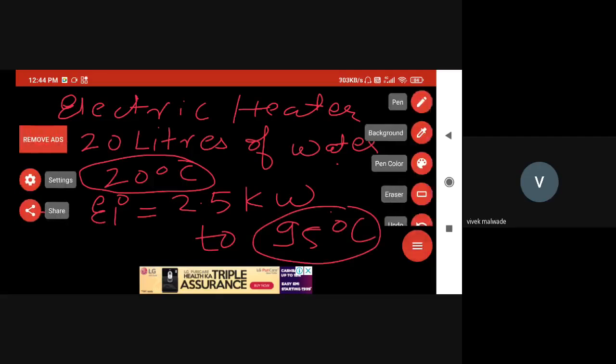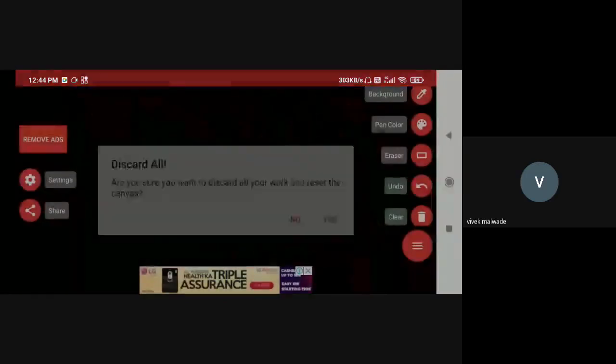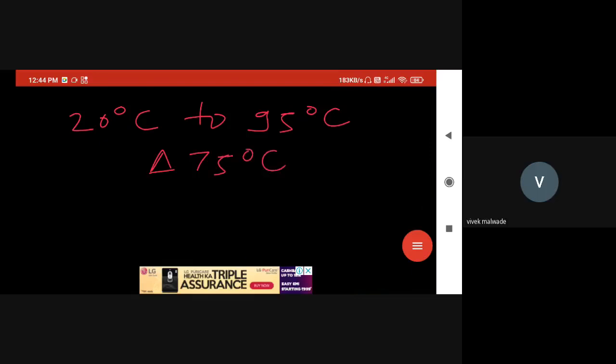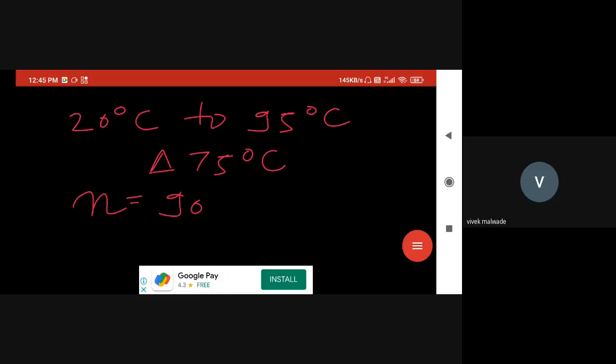The change in temperature is 75 degrees Celsius, for which I am using an immersion heater. The efficiency for this process we are assuming as 90%.